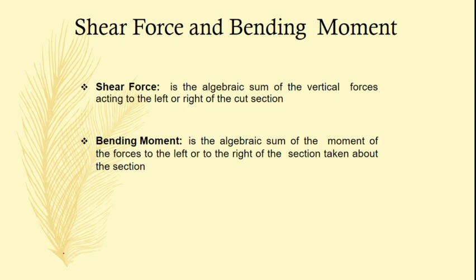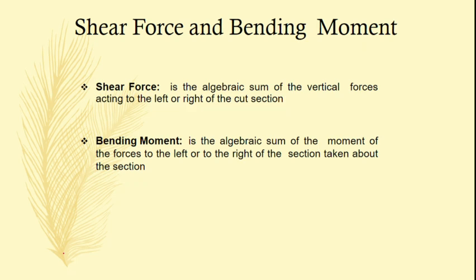Whatever section we consider, it may be on the left side or the right side; if we consider only one side, then on that side the algebraic sum of the vertical forces is the shear force.